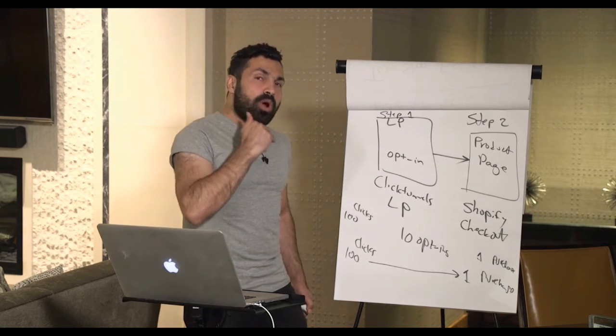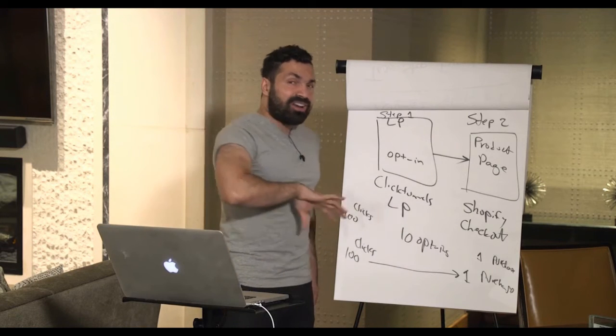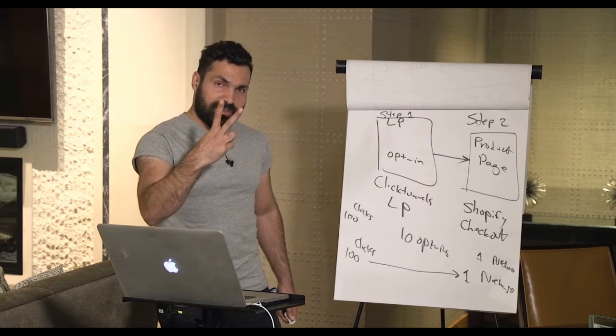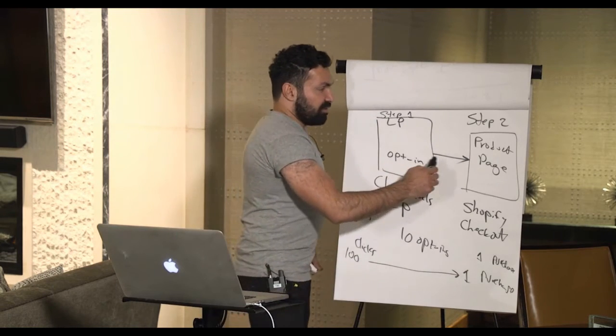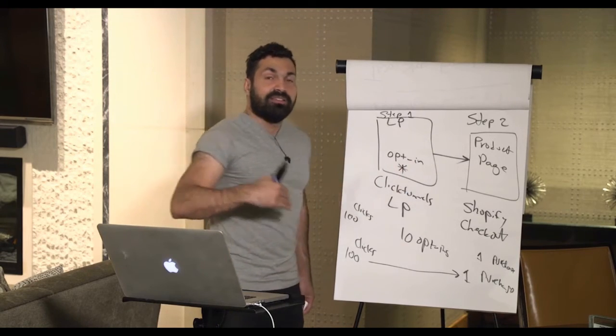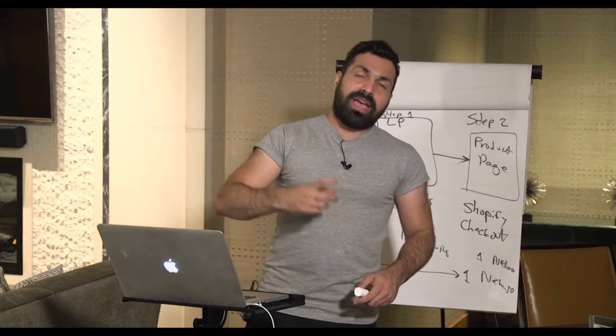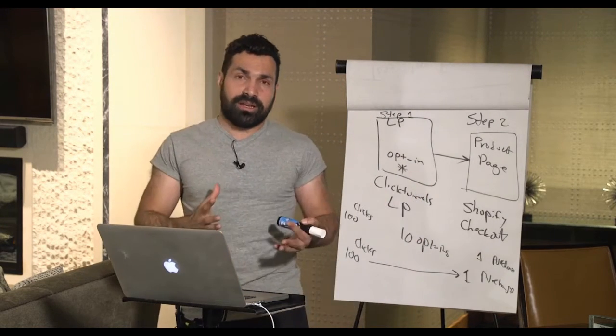Therefore, I need 1/10 the budget of a one-step funnel to optimize in a two-step funnel. Hopefully that makes sense. So in a two-step funnel, instead of optimizing to purchase, I can optimize to opt-in right here, and the volume of opt-ins is higher. Therefore, Facebook campaigns optimize quicker, and on top of it, I can create a lookalike audience.